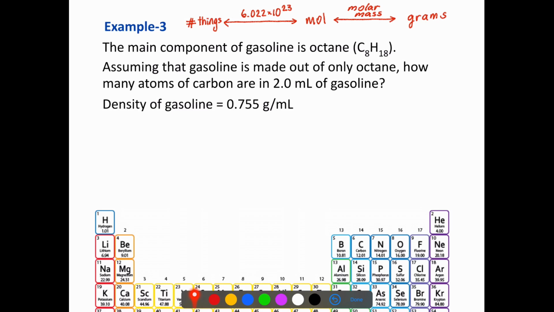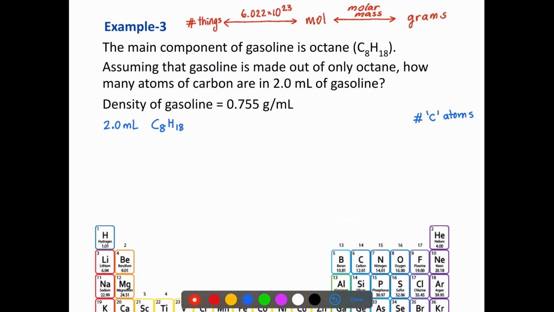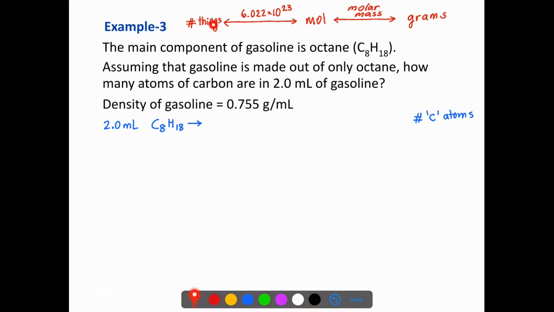We are looking for, you have 2 milliliters of C8H18, and you are looking for the number of carbon atoms. So one way to do this is, first you're looking for a number, so you have to go via grams, okay?